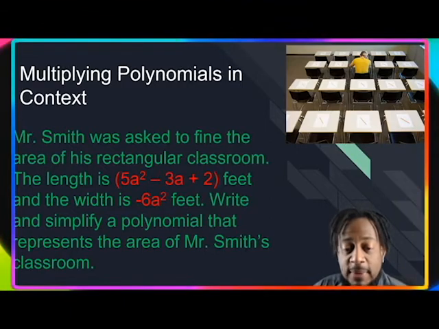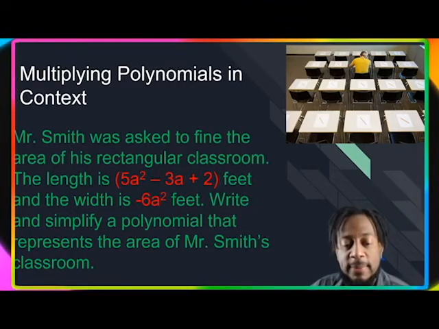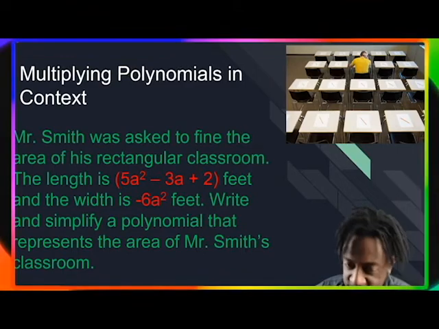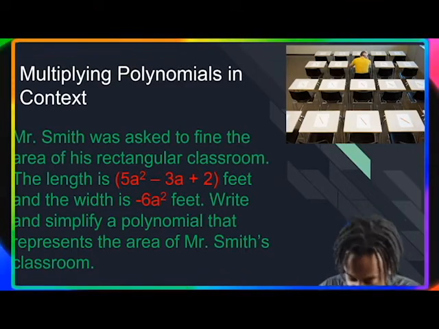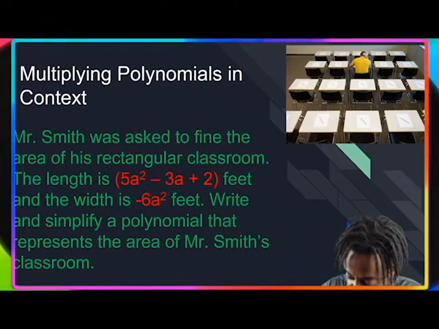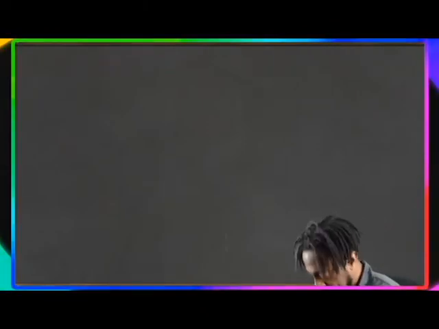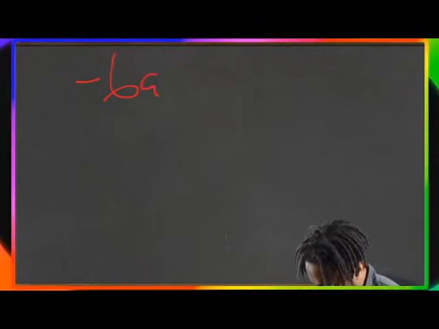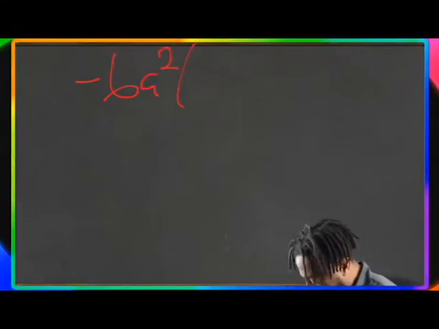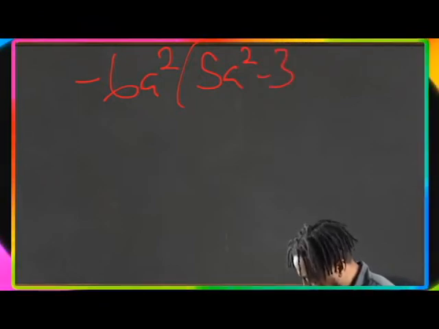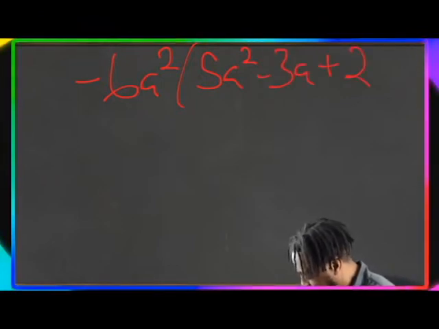Write and simplify a polynomial that represents the area, length times width. All right, let's go and solve this thing. Length times width. So we have a negative 6a squared times 5a squared minus 3a plus 2.